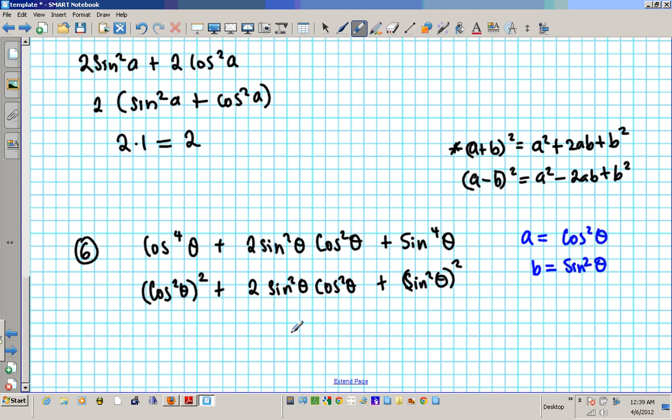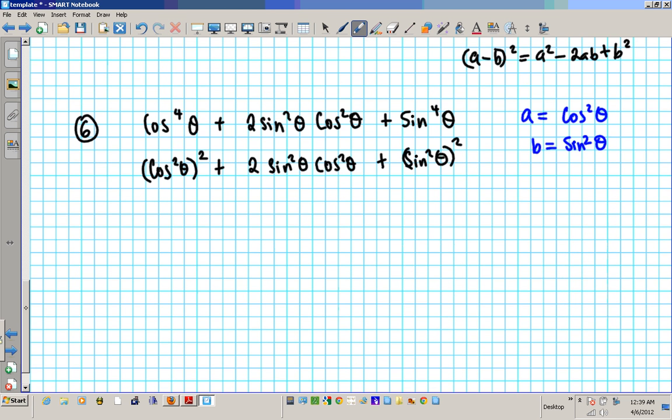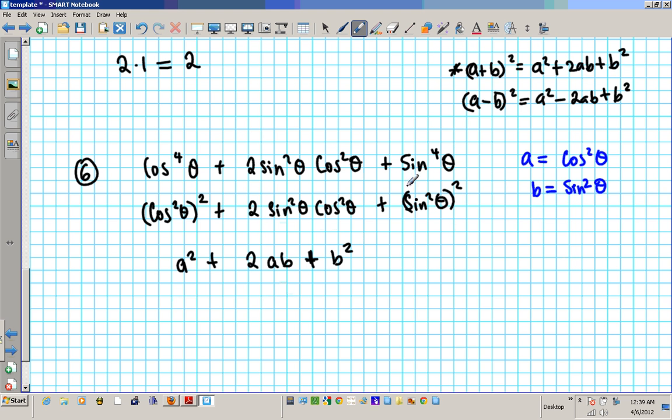So this one I can now make my substitution. Whenever I have cos²θ, I put A, so we're going to have A² + 2, sin²θ is B, and that's A. We can switch it around because multiplication commutes, plus (sin²θ)² is basically B². Okay? So what's the factored form for A² + 2AB + B²? There you have it. It's (A + B)².